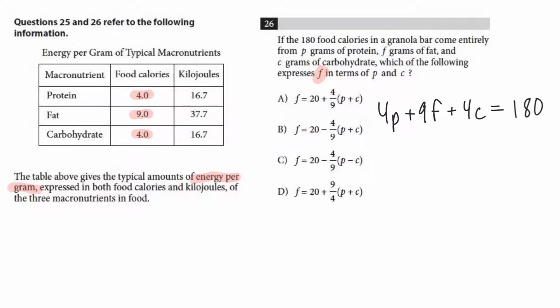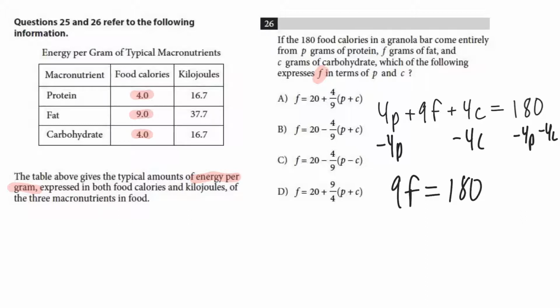So we want to solve for F, so we're going to subtract 4P and subtract 4C from both sides. Minus 4P minus 4C. So we'll get 9F on the left, and we'll get 180 minus 4P minus 4C.